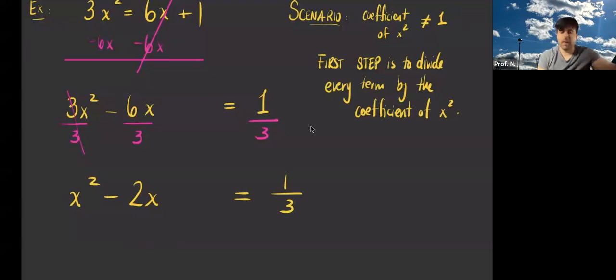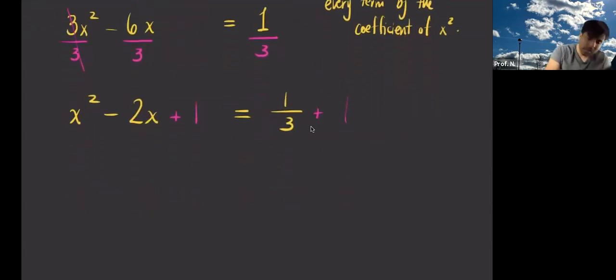Take 2, divide by 2, square it. What's 2 divided by 2? 1. 1 squared is 1. So I'm really just adding 1 on both sides of the equation. x squared minus 2x plus 1 becomes what? What is x squared minus 2x plus 1?